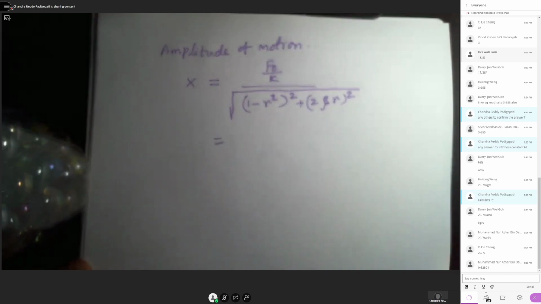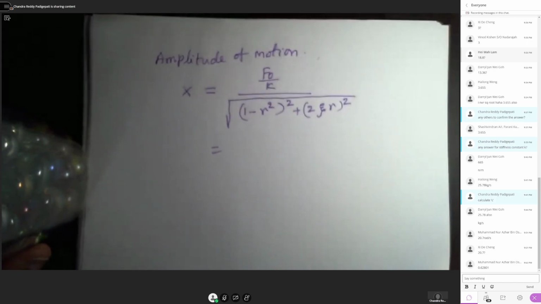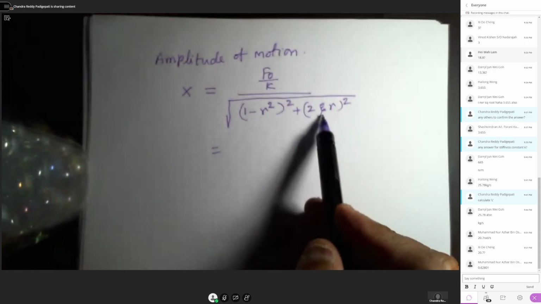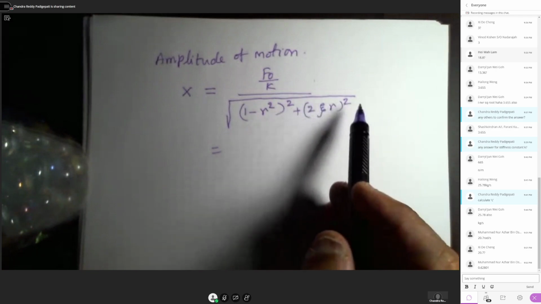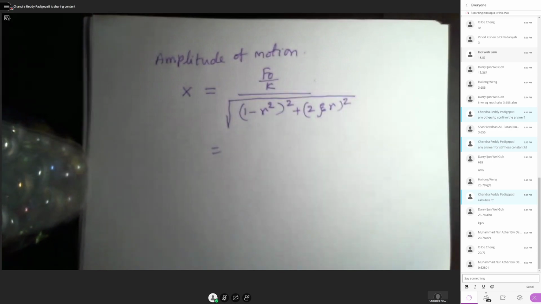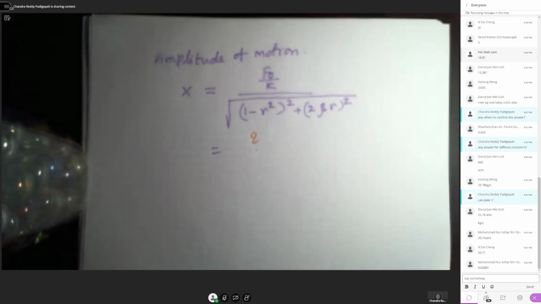So can you calculate this? Because all the quantities are known. F naught is given, K is given, R we calculated, eta is given, so everything is given. So therefore you can solve this and find out the value of the amplitude.